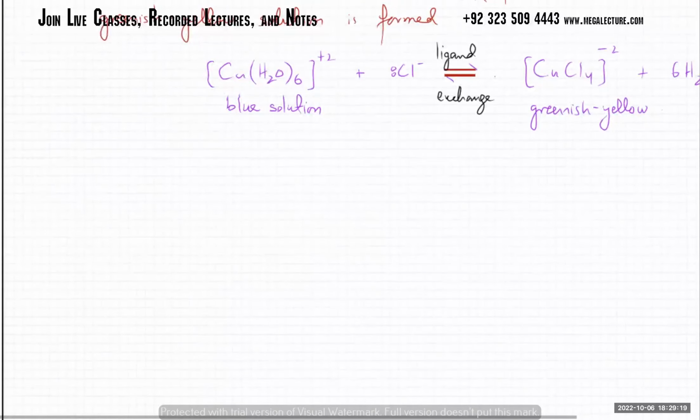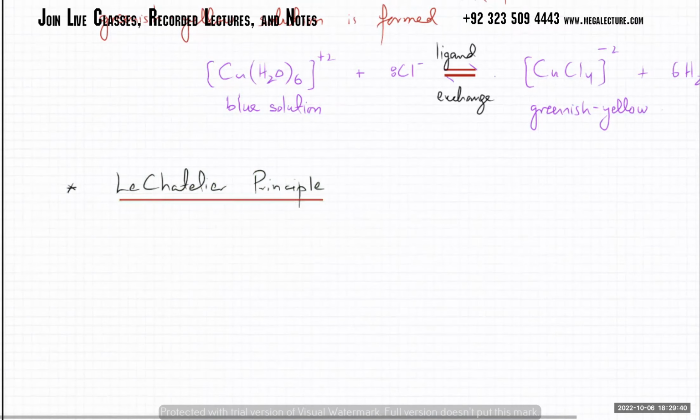So remember that Le Chatelier's principle applies to these reactions. All these reactions that we have written above, you'll get questions related to Le Chatelier's principle. Make sure you keep this in mind, that these are just like normal reversible equilibrium reactions.